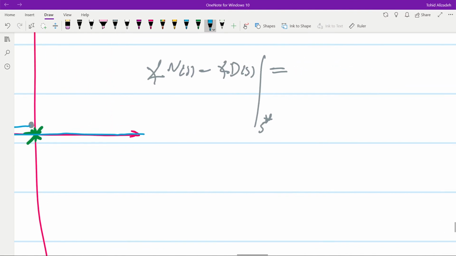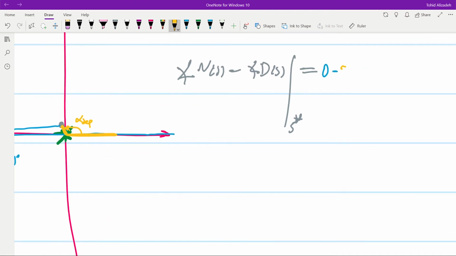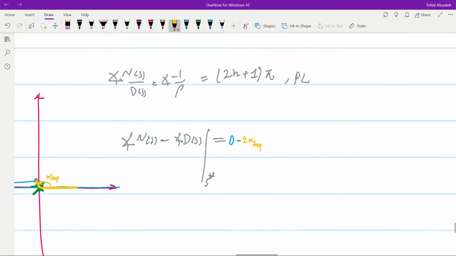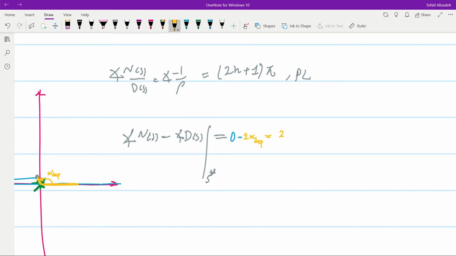So we will have 0 minus, for the angle contribution coming from the poles, we will have this angle, which is actually the alpha departure, and we have two poles, therefore we will have 2 times alpha departure, and this will be equal to 2h plus 1 times pi.